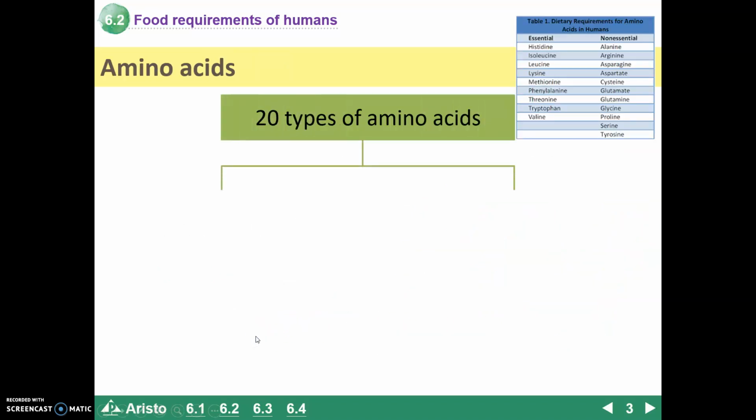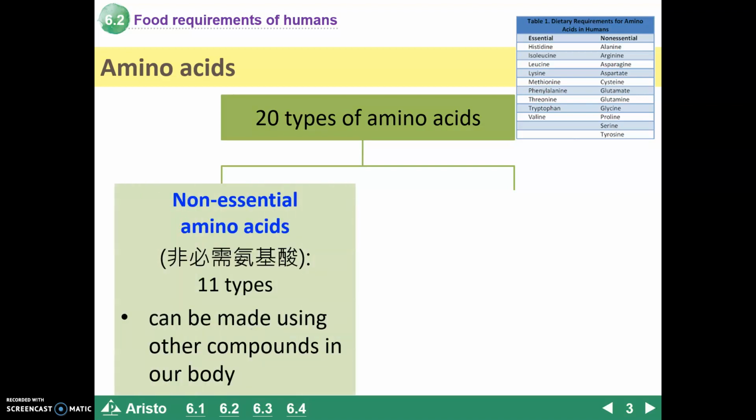The basic unit of proteins is amino acid, and we have 20 different types of amino acid, which can be classified into non-essential amino acids and essential amino acids. Why is it called non-essential amino acid? Among the 20 types, 11 types are non-essential because our own body can produce these amino acids ourselves from other chemicals.